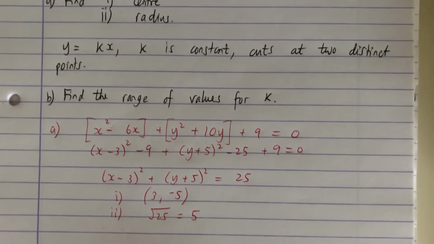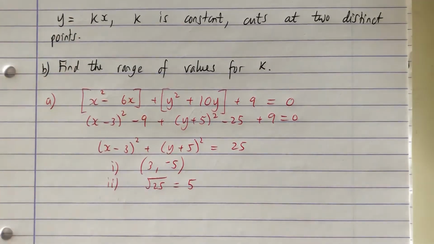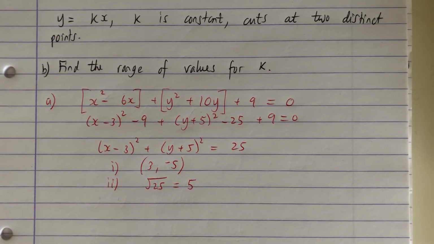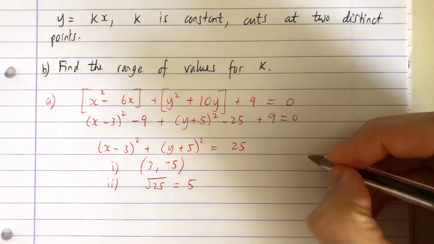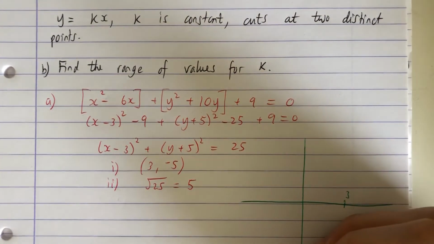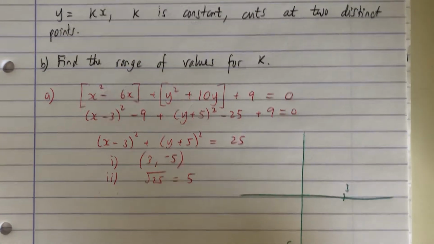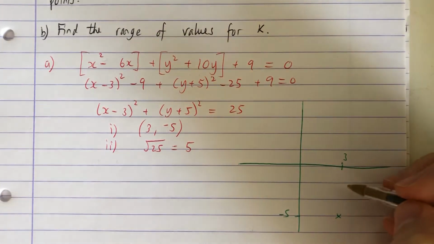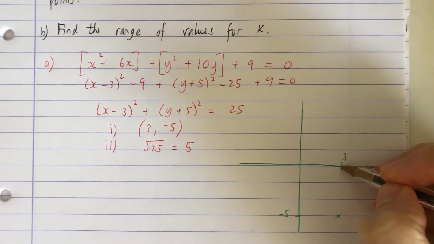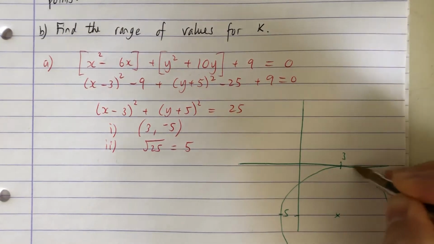and that would be part A done. Part B then gives you a line y = kx, where k is a constant, and it cuts this circle at 2 distinct points. So this circle, if we drew a very quick sketch of it, say that's 3, say that's negative 5, and it is a circle, so it's going to look something like that.